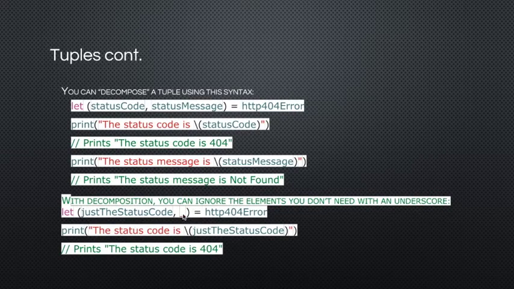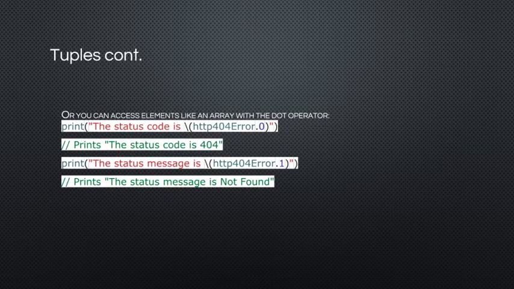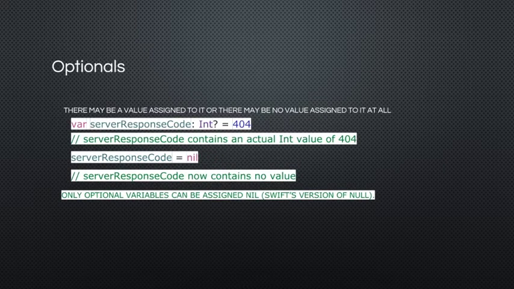If you want to skip over defining an element, but you still want to define one of them, you can use the underscore to skip it. Also, you can access tuple elements with basically indexing notation, kind of like an array. That's easy as well. It's convenient.